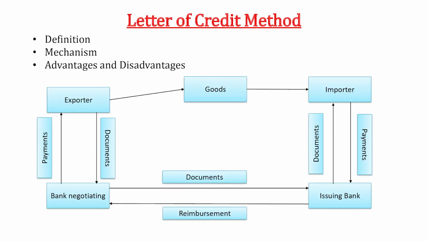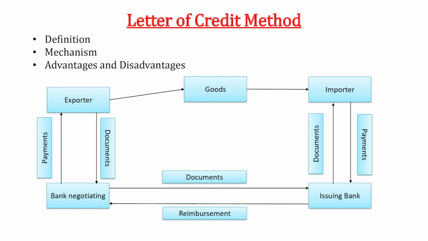Next method is letter of credit. If you are negotiating a deal, first you should try to get advance payment, maybe 10%, maybe 20%, maybe 50%. But if the buyer is not giving advance payment, then the next best method for the exporter is letter of credit.